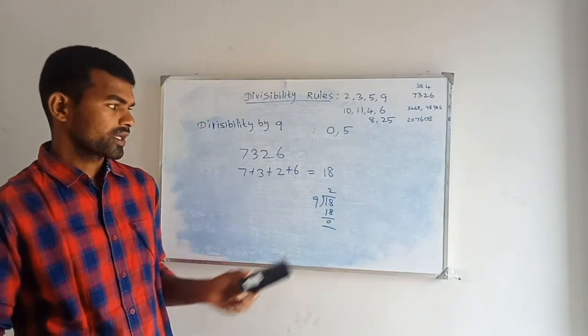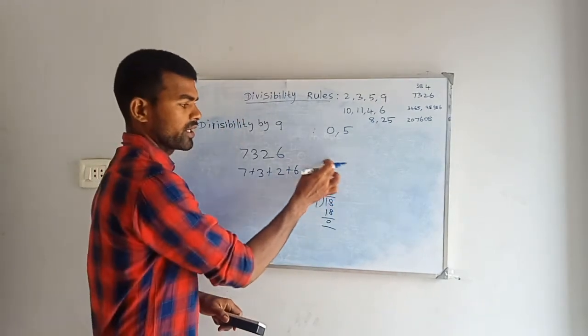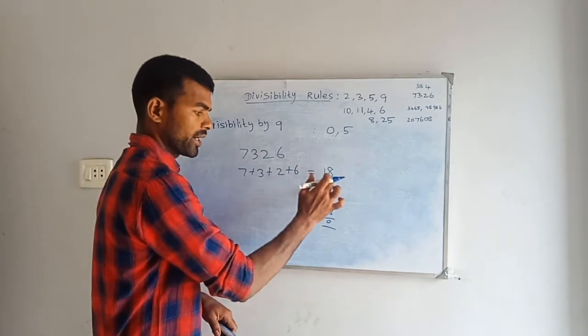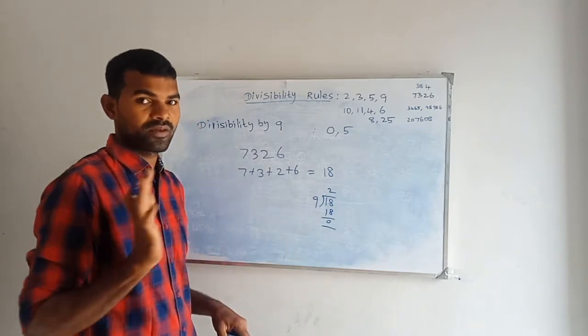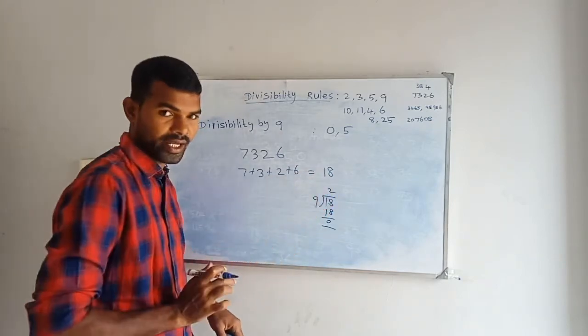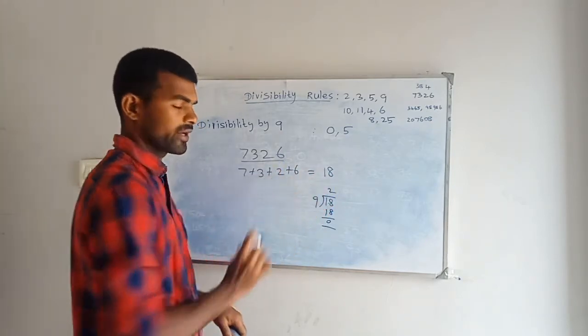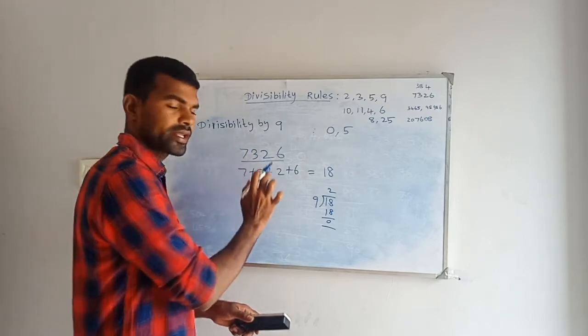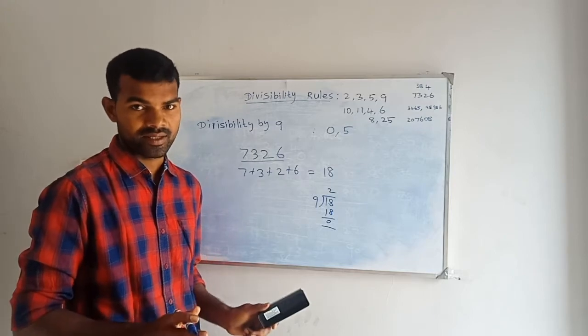Now see, you can divide this total by 9, yes? So if we can divide this total by 9, then this full number can be divided by 9. This full 7326 can be divided by 9.